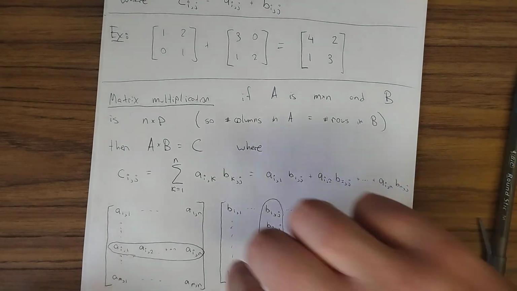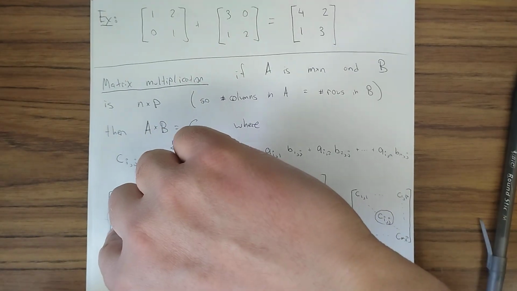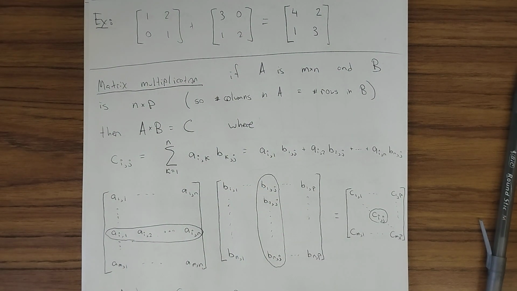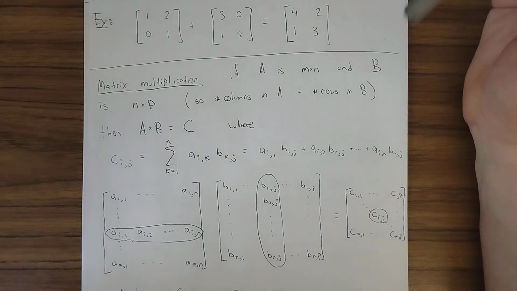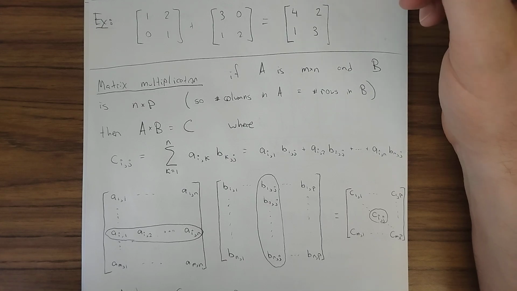So, just to go really slowly, the width of A and the height of B is the same. Otherwise we say the product is just undefined.